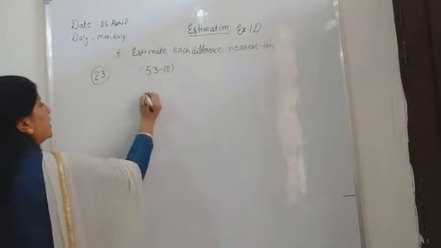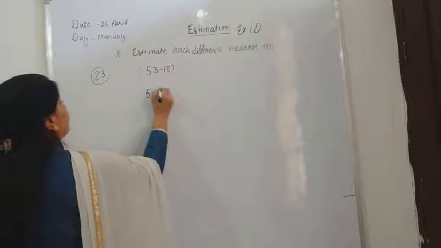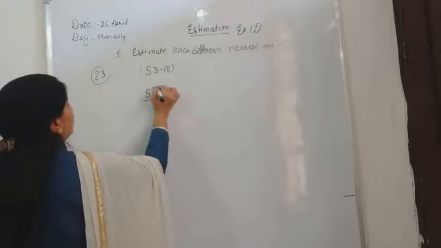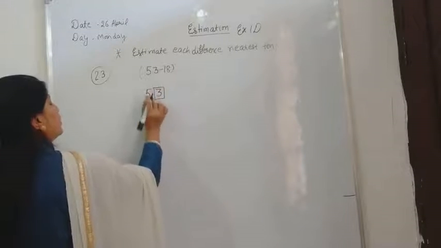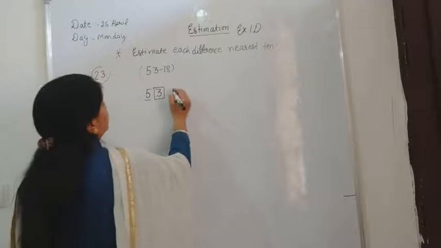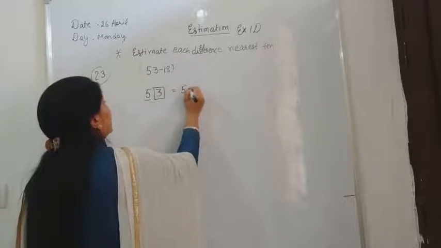So let us restart. First we estimate 53 and we underline the 5 and make a box at the place of 3. Now we see that it is smaller than 5, so we write the number as it is.